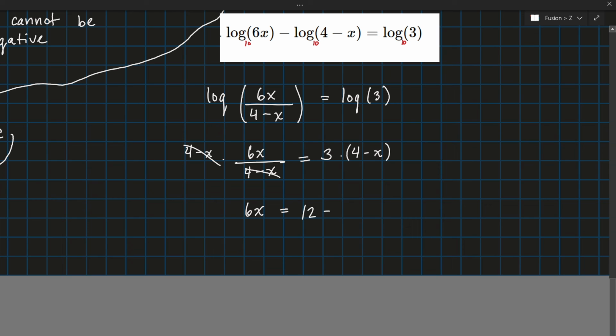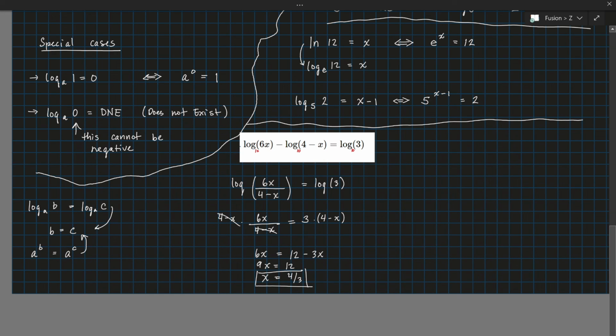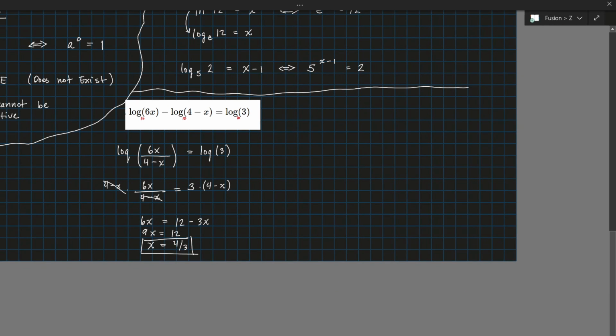And then that becomes 9x equals 12, so x equals 4/3, or 1 1/3. Good job. All right, so that's how we go about solving these types of problems.